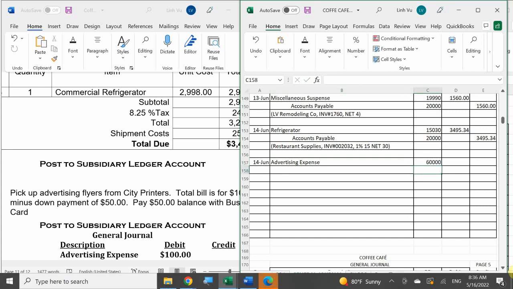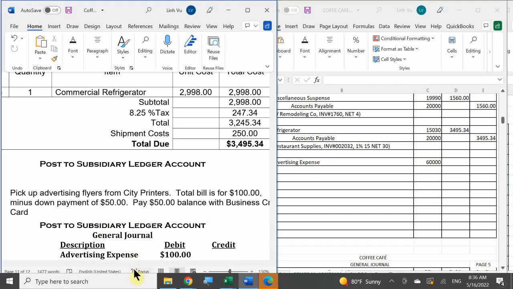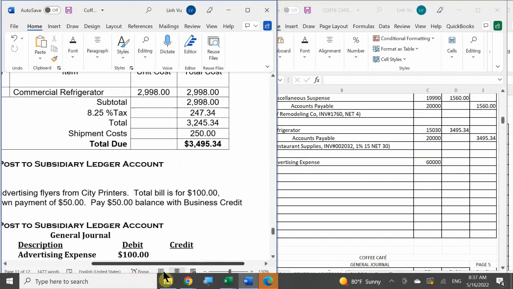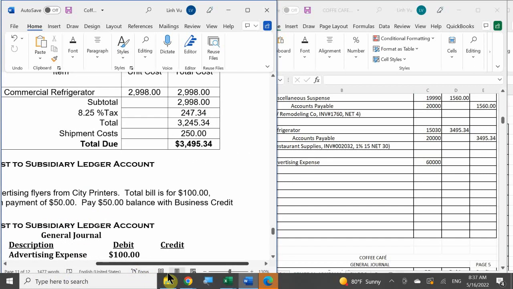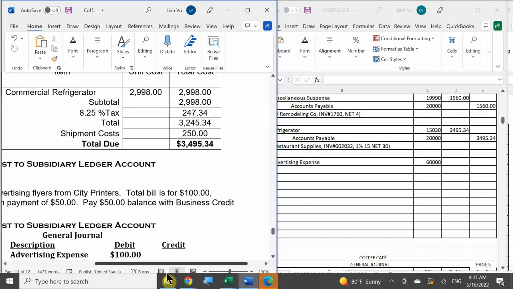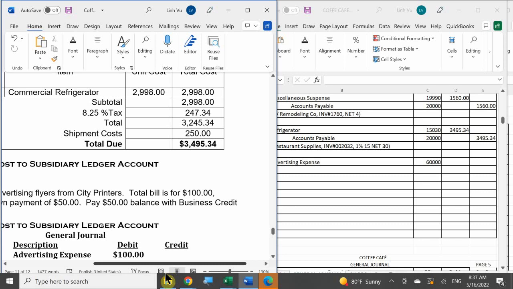How much was the advertising expense in grand total? What was the total bill for the advertising expense?